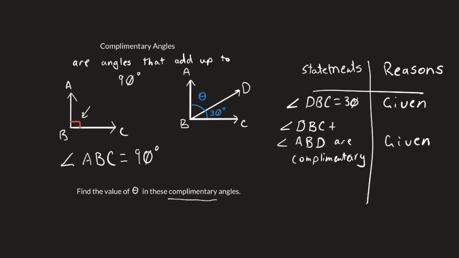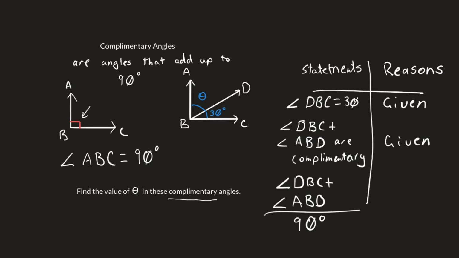So if angle DBC plus angle ABD equal 90 degrees, well, now we can start to substitute values in to find our unknown value, theta.